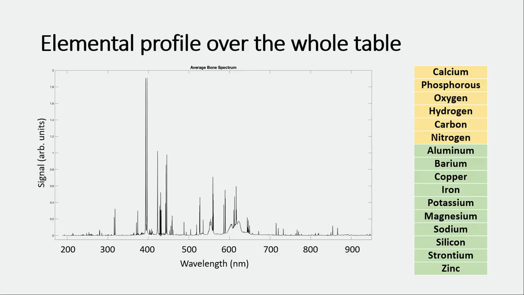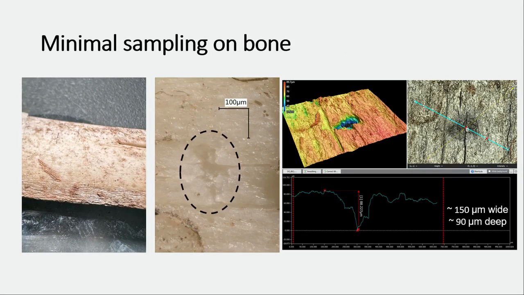So we have the signal. I was telling you LIBS involves a little bit of ablation, and we need to have this sampling in the plasma. These are pictures on a bone, showing the sampling we have from the laser pulse. With digital microscopy, we could see that it's around 150 microns wide, and not even the thickness of a hair for the depth. I challenge you to find on this picture where the crater is.